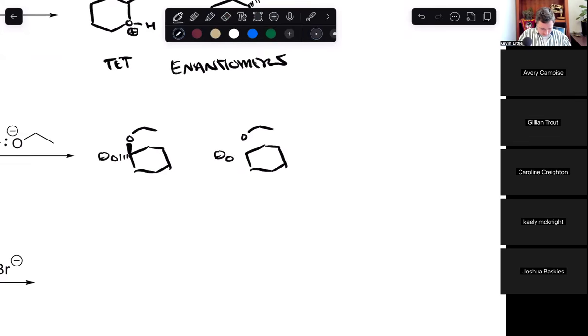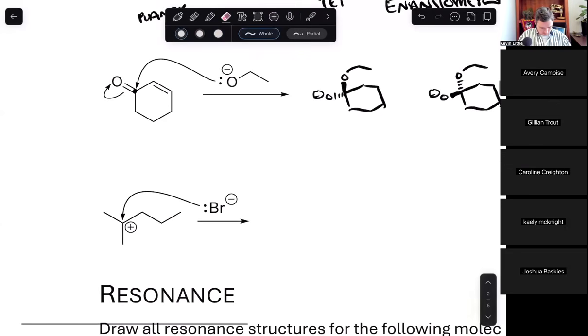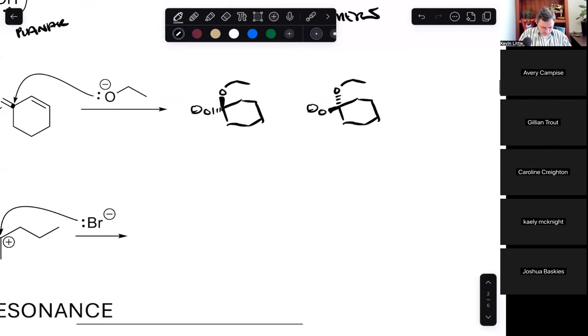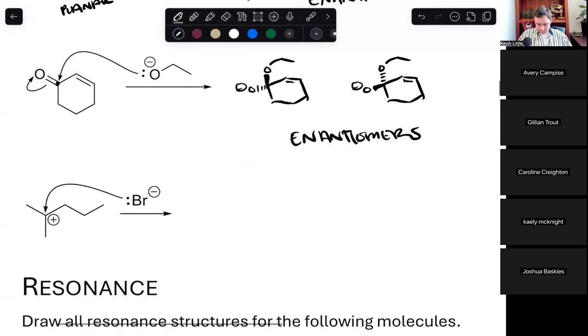All right. So these two things, again, there's only one stereocenter. Actually, these are the same molecule technically. Oh no, they're not. There's a double bond. Nope, these are enantiomers. One chiral center and it's opposite. They're opposite of each other.